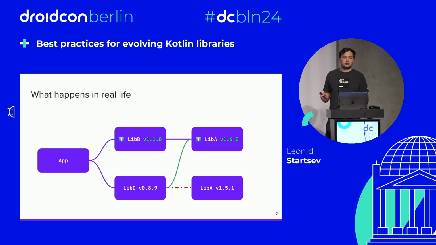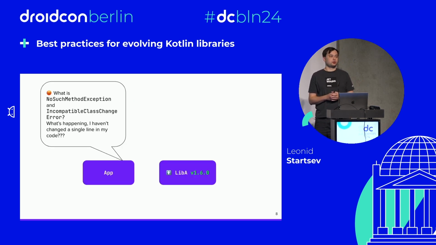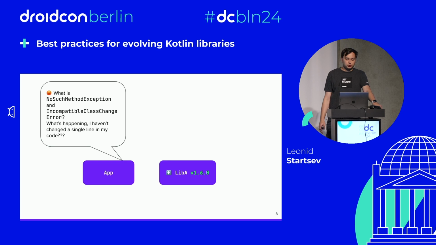Library C wasn't changed, and it gets into its classpath a new version of library A without some method or some class, or with another incompatible change. And the application developer starts to get linkage errors, like no such method exception and incompatible class change error and whatever linkage error you can imagine.